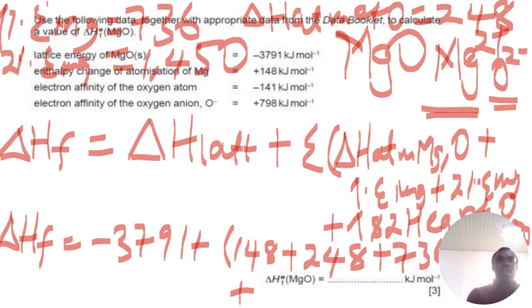The first electron affinity of oxygen is minus 141. Then the second electron affinity of oxygen is plus 798.